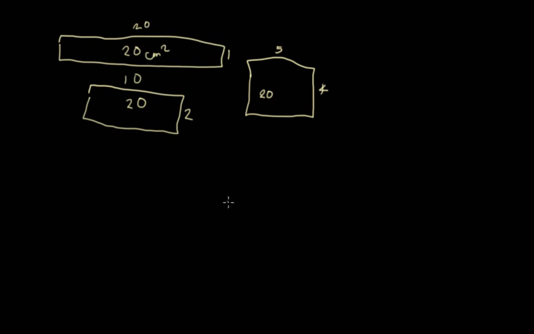We say that the product of these two, so if x and y are the length and breadth, they equal 20. We can say that y is 20 over x, or y is inversely proportional to x. So we could write that as y, and this is the symbol for proportionality, is inversely proportional to x.